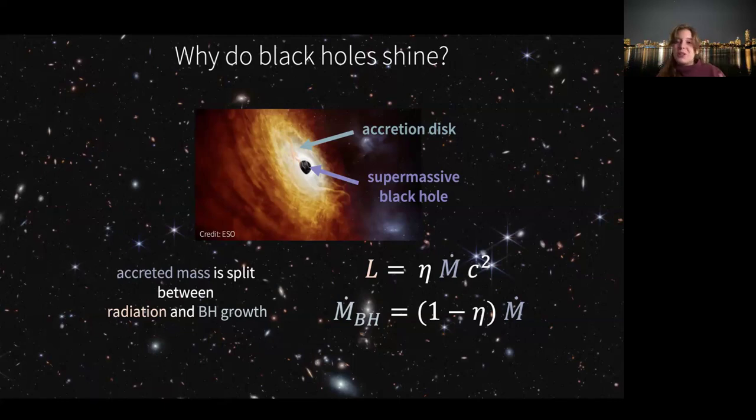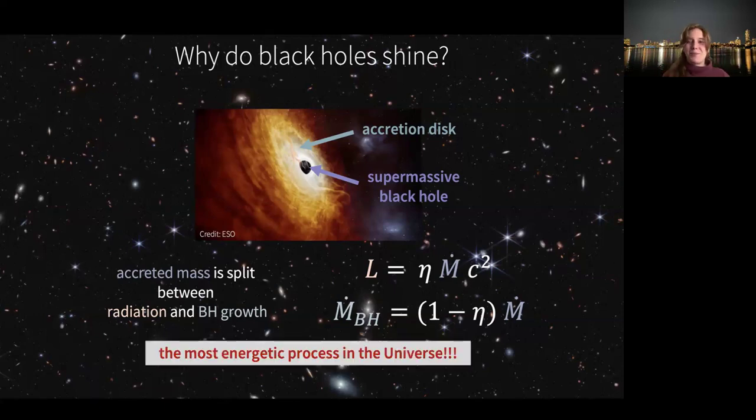For comparison, nuclear fusion, which here on Earth we think about as a very energetic process, has a radiative efficiency of only around 1% or even less than 1%. So this is really the most energetic process that we know of in the universe, which is why we can observe these quasars from very, very far away because they emit a ton of radiation, which is good for people like me who want to study these objects.